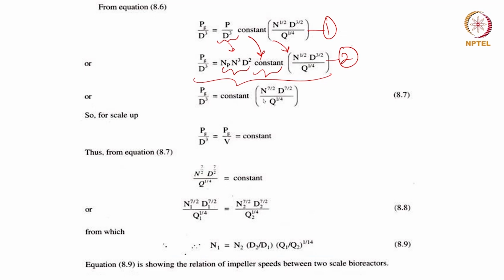Now the power number is constant, so this can also go into the constant. When N goes inside the brackets and D square also goes inside the brackets, they get added up, and equation 2 can be written as equation 3.